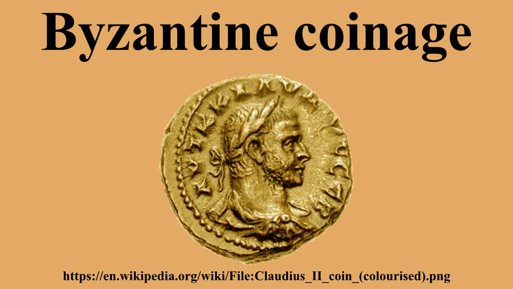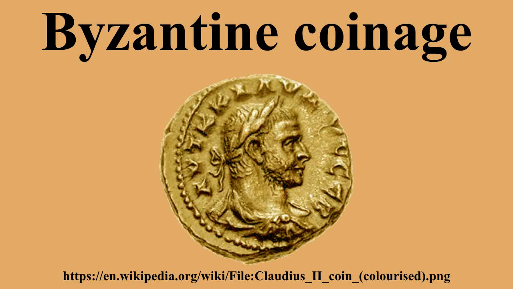Under a failed plan to force the market to accept the underweight coins at the value of the full weight coins, the 11/12 weight coin was called a tetarteron, and the full weight solidus was called the histamenon. The tetarteron was unpopular and was only sporadically reissued during the 10th century. The full weight solidus was struck at 72 to the Roman pound, roughly 4.48 grams in weight.